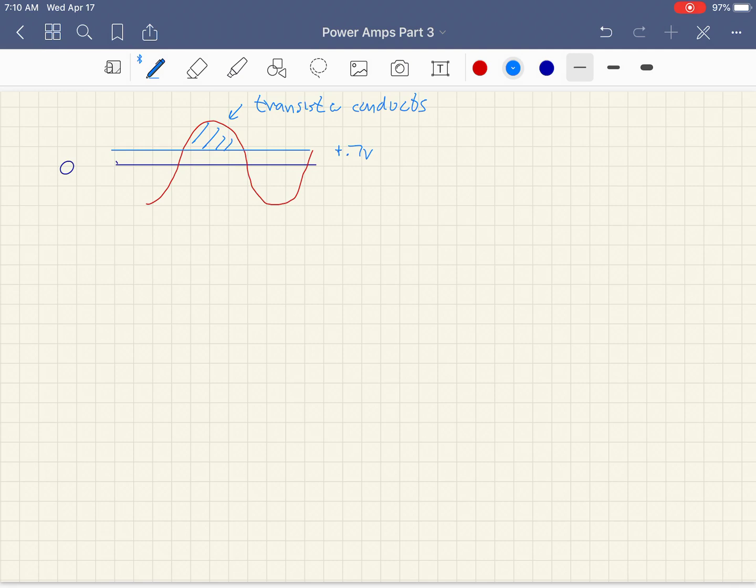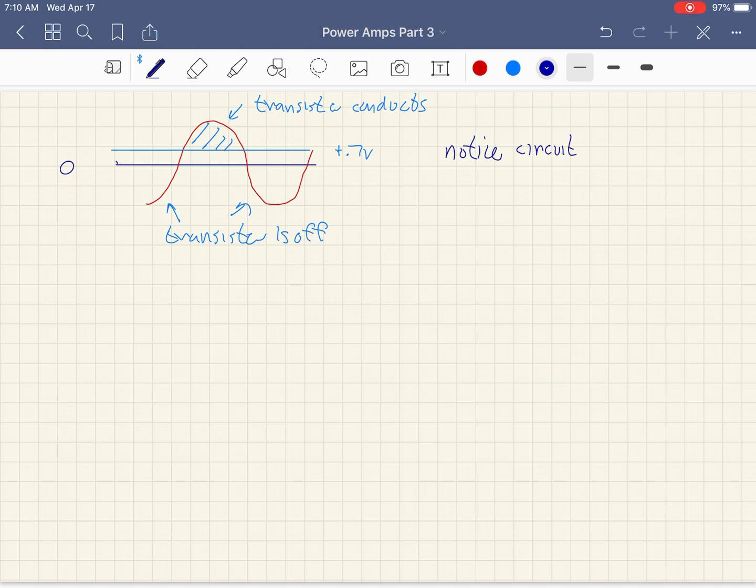You're seeing the positive half cycle of the input when the input is greater than 0.7 volts. And down here, the transistor's off.